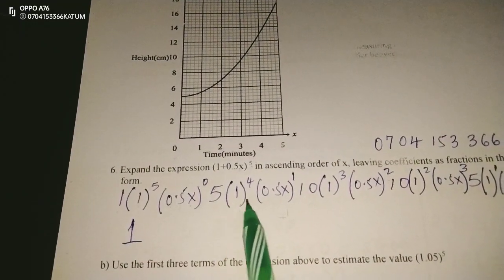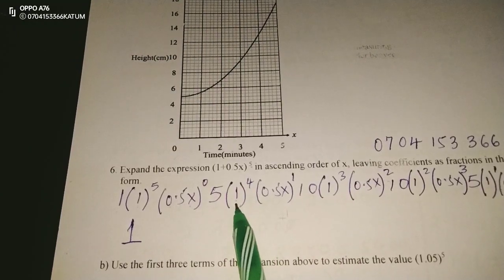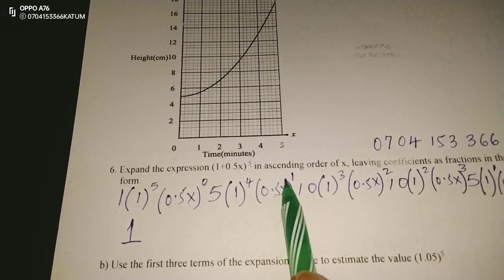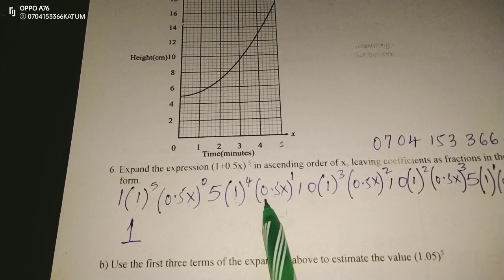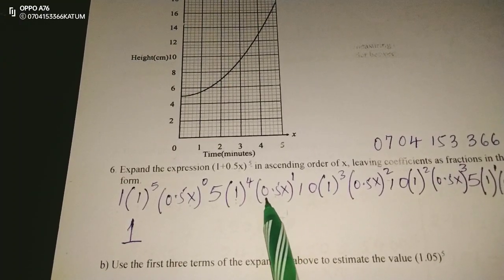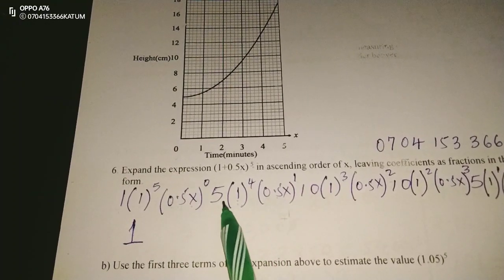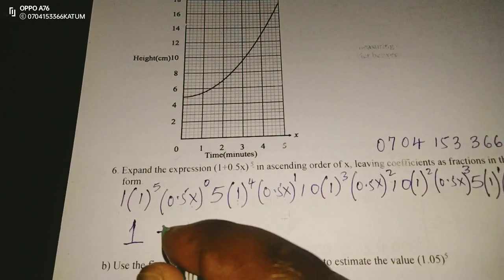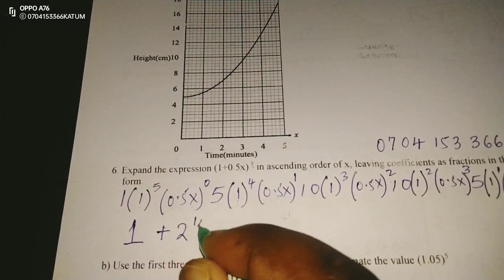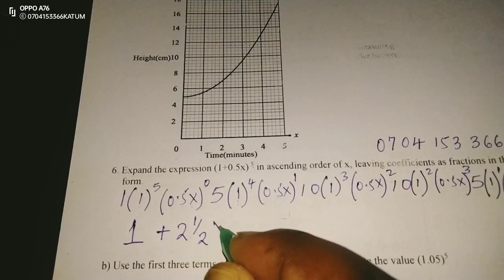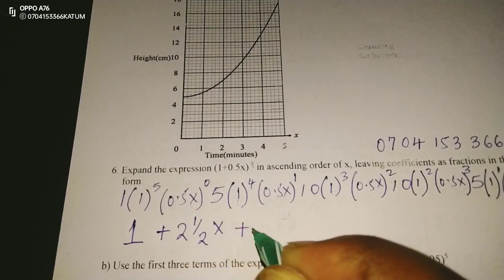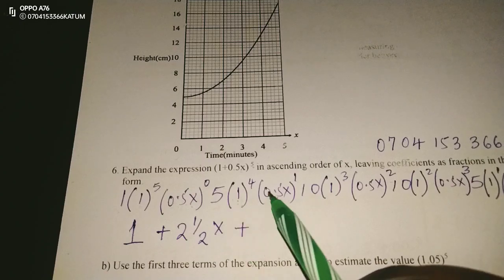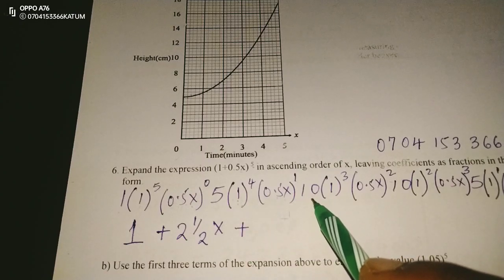The second term is going to be 1 to power 4, which remains 1, and 0.5x to power 1 remains 0.5x. So it's 0.5x times 5, and we get 2.5x.